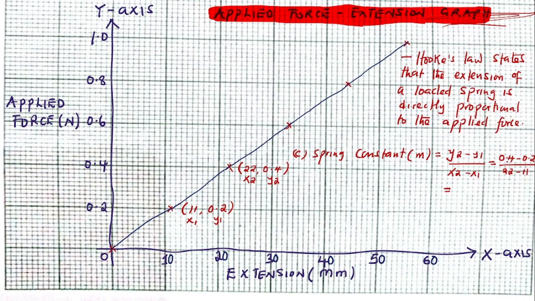So therefore, when you subtract 0.4 minus 0.2 that gives us 0.2, divided by 11 there.